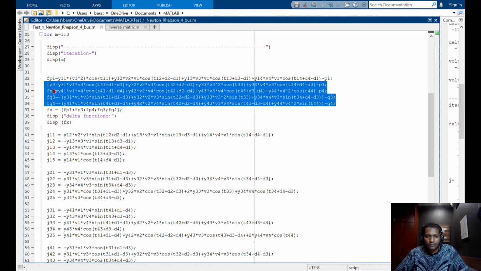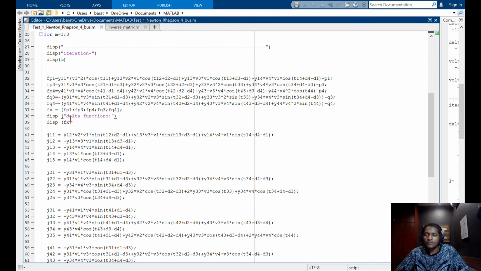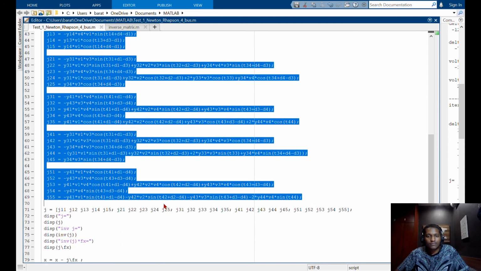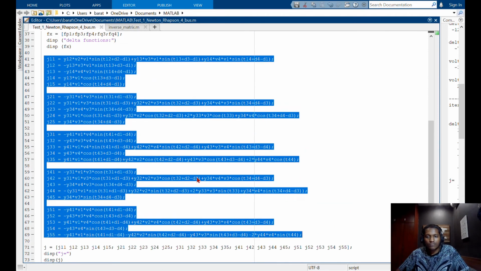The change in values of P1, P3, P4, and Q3, Q4 is all done here, and we'll create a matrix for that so we can display it later. And these are the equations that we use for the Jacobian matrix, which I've written down in the file.